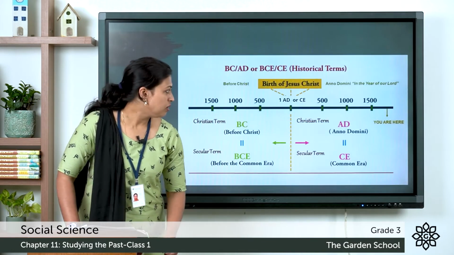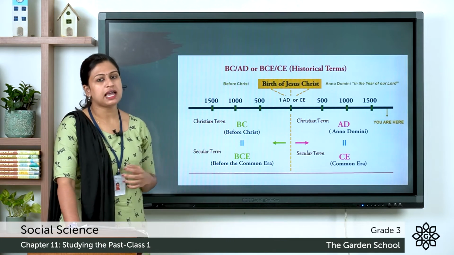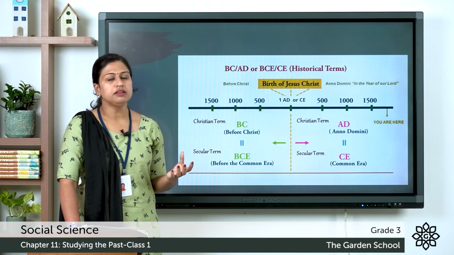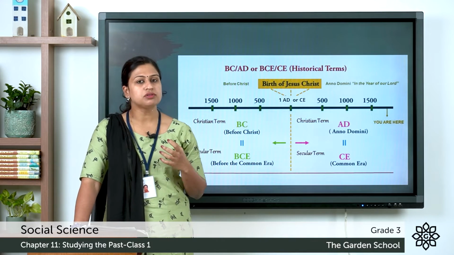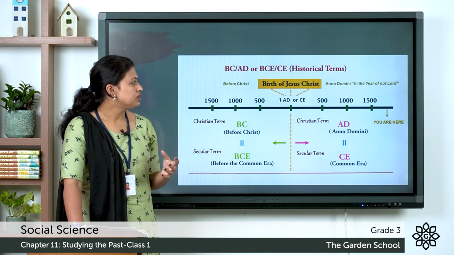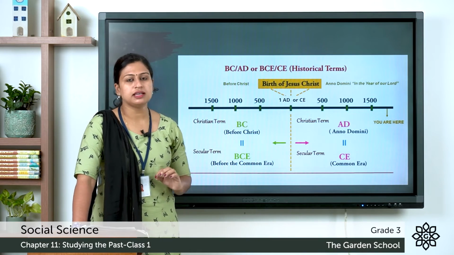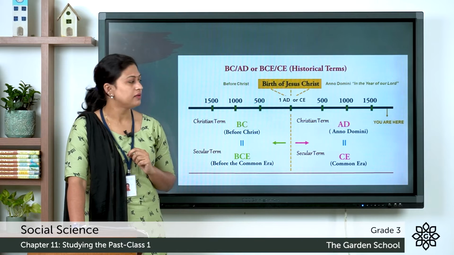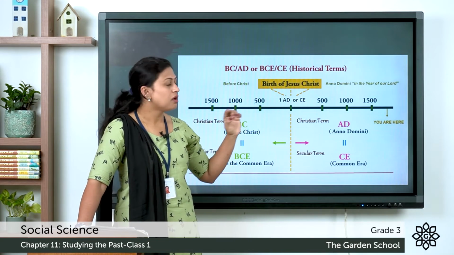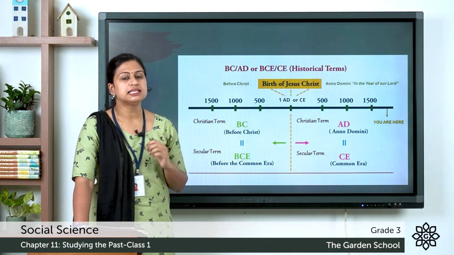Now, here you can see the picture of a timeline. This way of counting was derived from the European countries, and the historians used the birth of Jesus Christ as the reference or beginning point of the calendar, and it is marked as 1 AD or 1 CE.